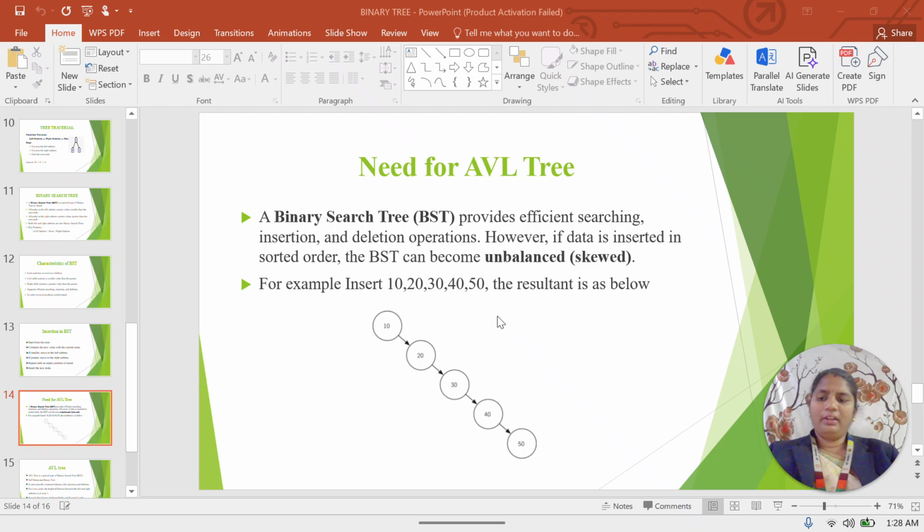A binary search tree provides efficient searching, insertion and deletion. But if data is inserted in sorted order, it becomes unbalanced. When the data is unsorted, there is no problem in a binary search tree. But when the incoming elements are already sorted, the unbalanced or skewed tree arises. To overcome this, we are going to see the AVL tree.